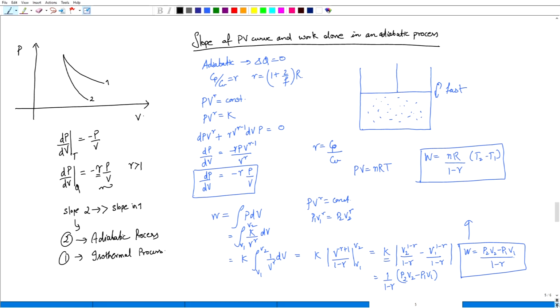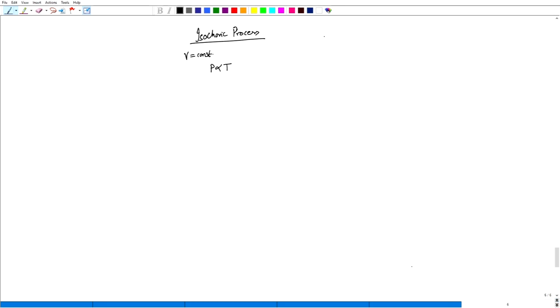Okay, so this is the comparison that sometimes comes in the exam.